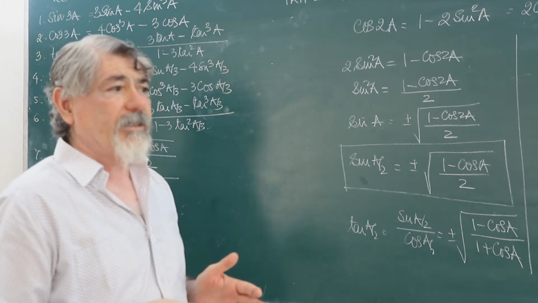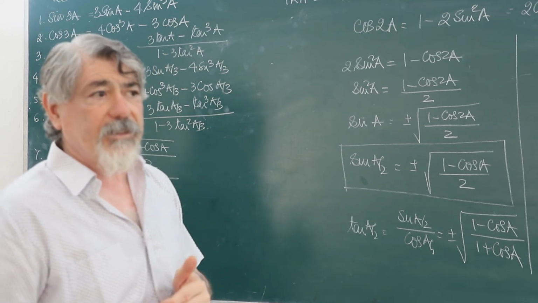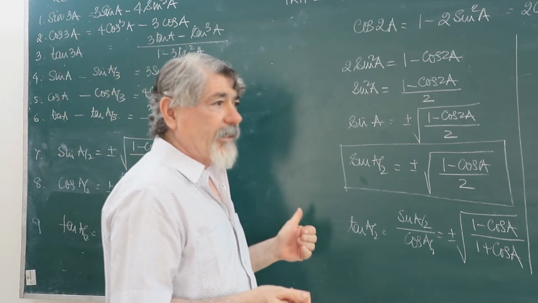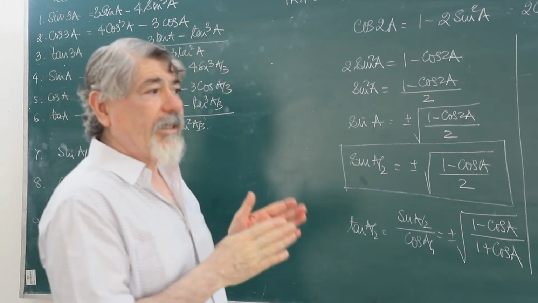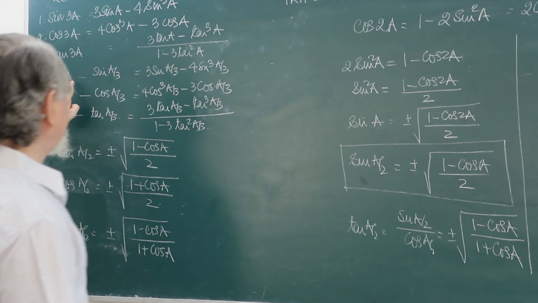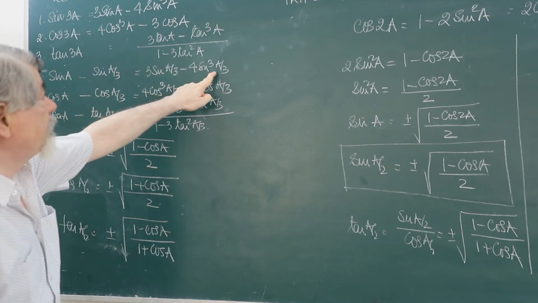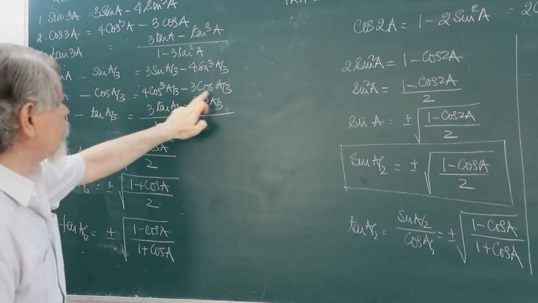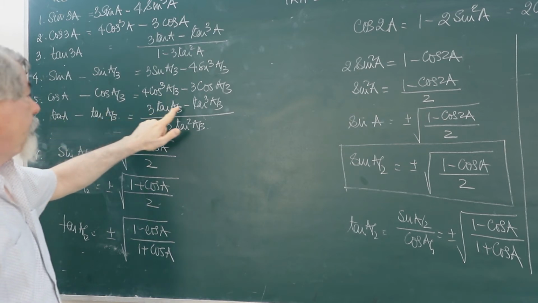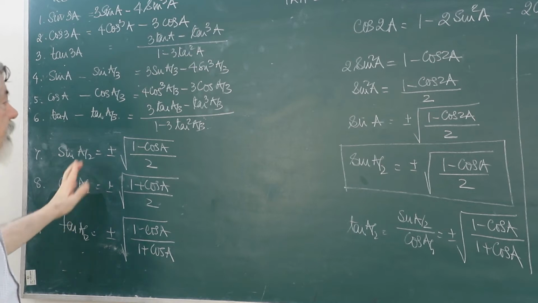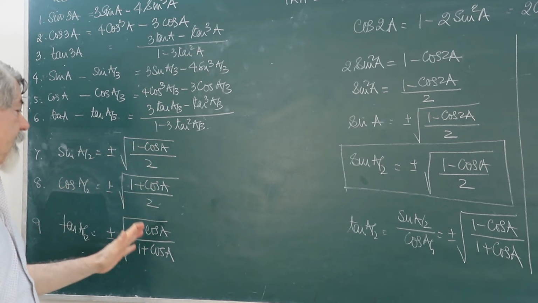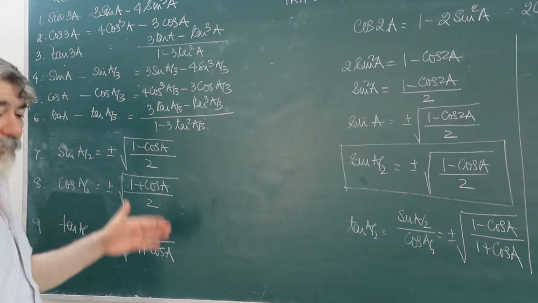Then once we got sin 3a, cos 3a, we calculated tan 3a by applying again tan 2a plus a. Then we calculated sin a in terms of a by 3, cos a by 3, tan a by 3. Then we calculated sin a by 2, cos a by 2, tan a by 2 in terms of cos a. These are very important formulas we should remember.